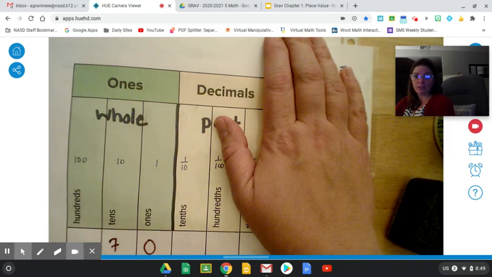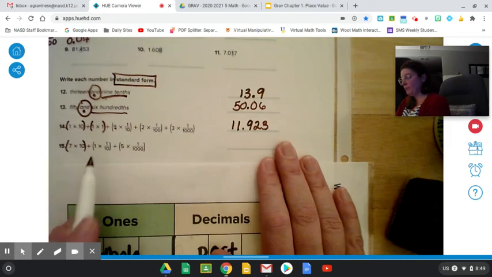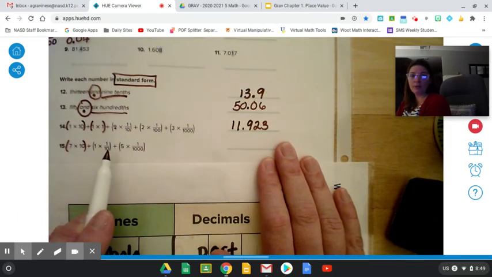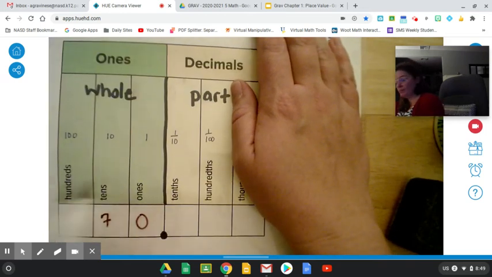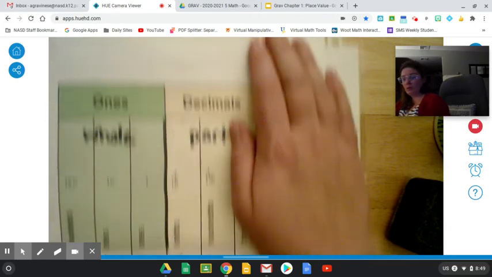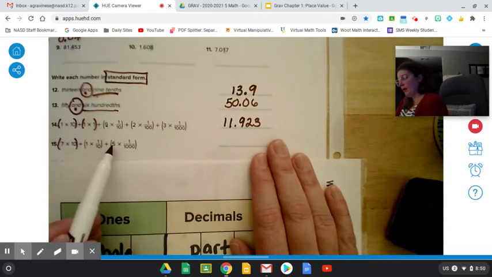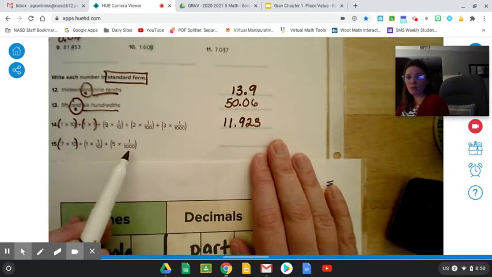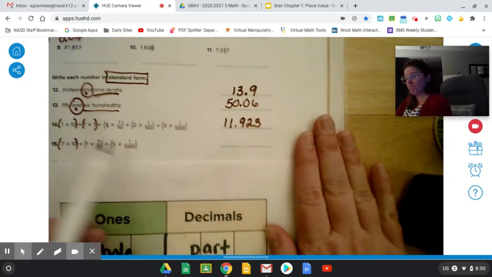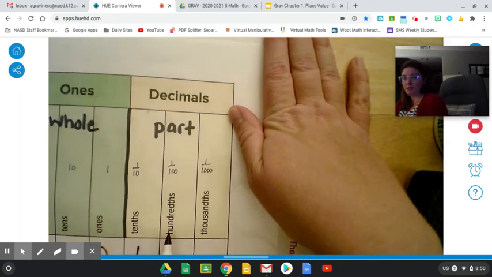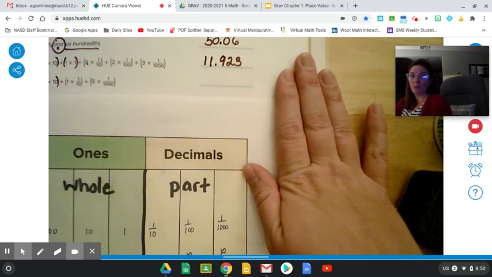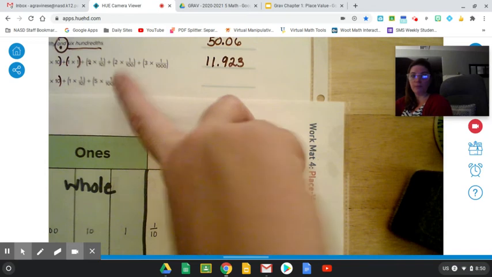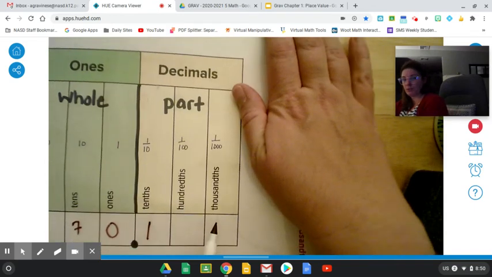Now I'm getting into the decimal area. I have a 1 in the tenths place. Here's my tenths. I have a 1. I have a 5 in the thousandths place. This is not the thousandths. This is. I had a 5 in my thousandths right here.